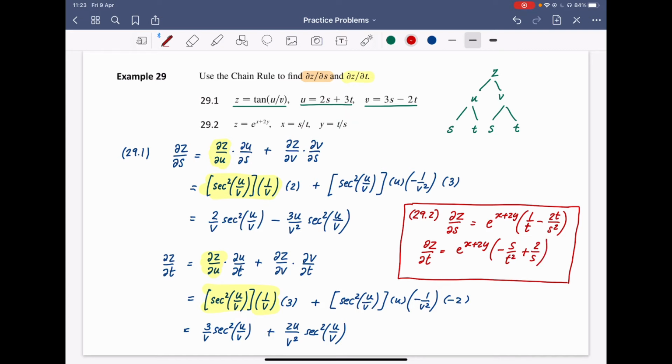So do question 29 by yourself, and if your answer is not the same as mine, let me know. All right, that is question 29.